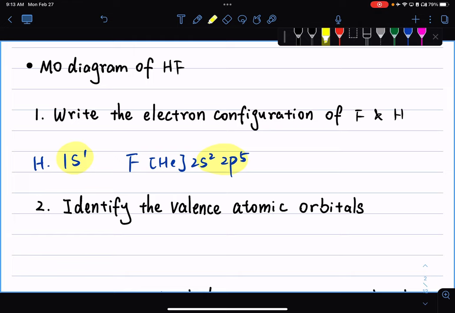So you can estimate the energy level for these atomic orbitals by just calculating them. For hydrogen, this calculation is quite straightforward. 1s equals negative 1 squared over 1 squared, which is negative 1. So our energy is in Rydberg.